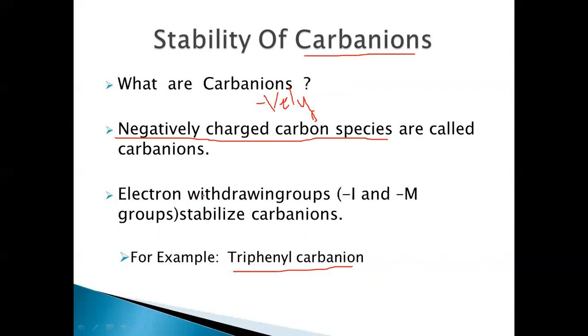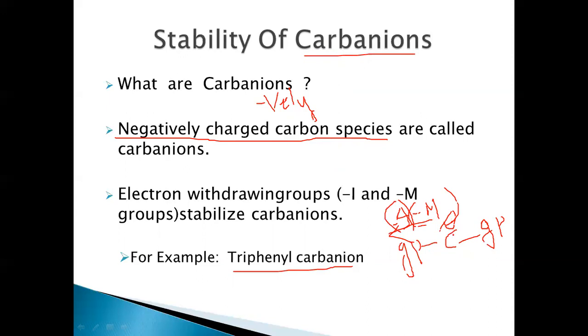This negatively charged carbon species is stabilized when the groups attached to it share this negative charge by means of minus I or minus M effect, just opposite to the carbocation. Plus I and plus M groups will stabilize the carbocation; here, minus I or minus M groups will stabilize the carbanions.